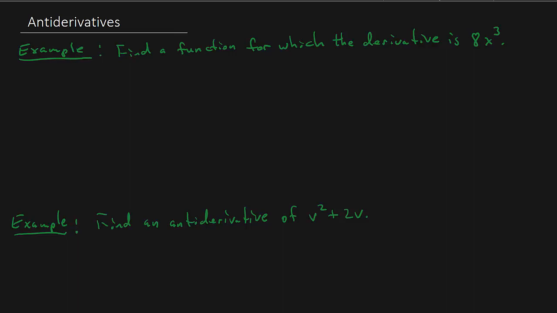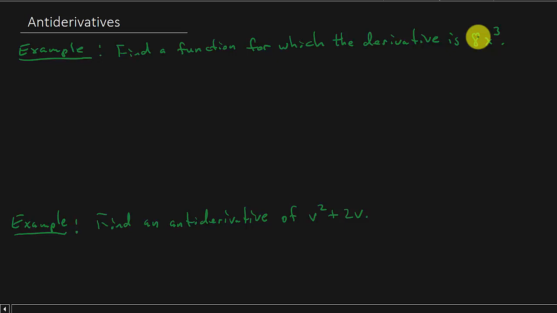And basically it's just, I think, five examples. So it says find a function for which the derivative is 8x cubed. So that's antiderivatives. We have this function here, 8x cubed, and we want to know what did we have to take the derivative of to get 8x cubed.